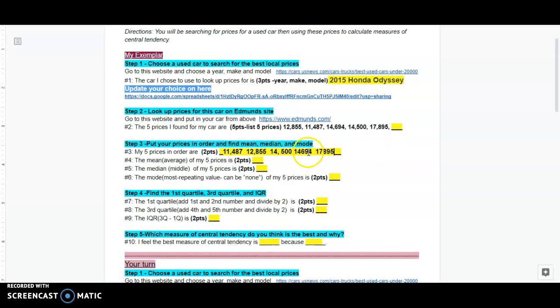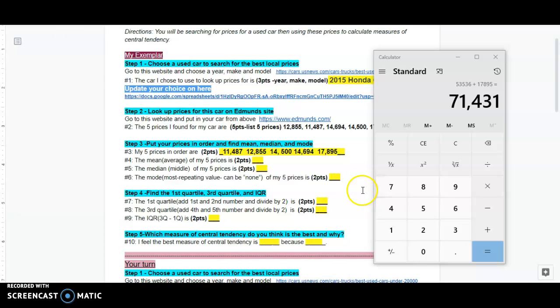Okay, so those are my prices in order. Very important when I'm doing this stuff. So what's the mean? Well, I'm going to stop the video so that I can go ahead and calculate that.